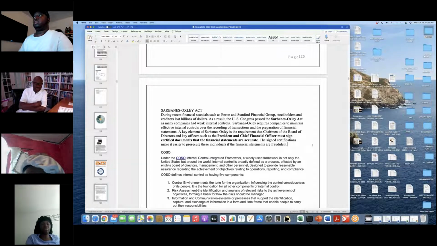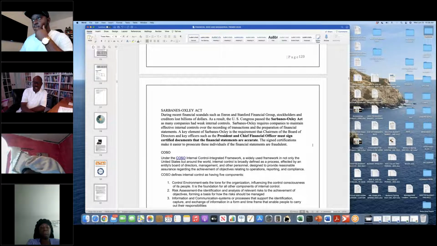So one of the big things of that act is that the president and the chief financial officer must now sign that the statements are correct under penalties of perjury and jail time.